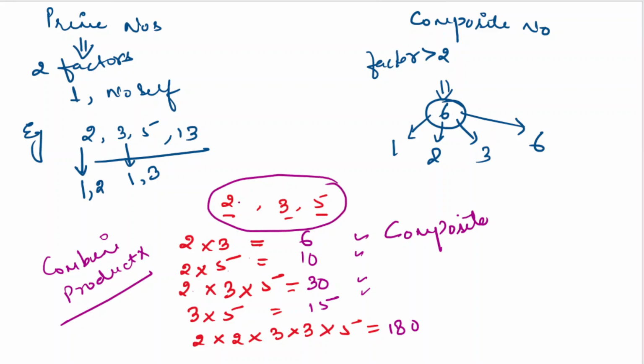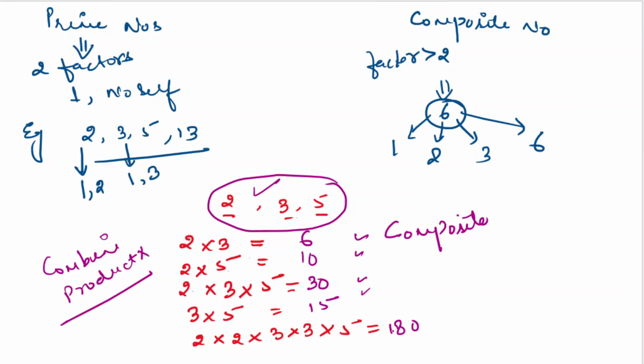When you take only three numbers, suppose 2, 3, 5, you get so many numbers, and you can get infinitely many composite numbers, because you can take them in infinite ways. You have infinitely many prime numbers, and the combinations are infinite, so you get infinite composite numbers.